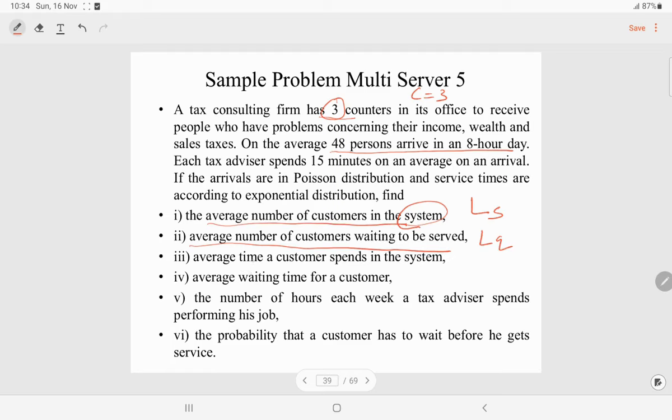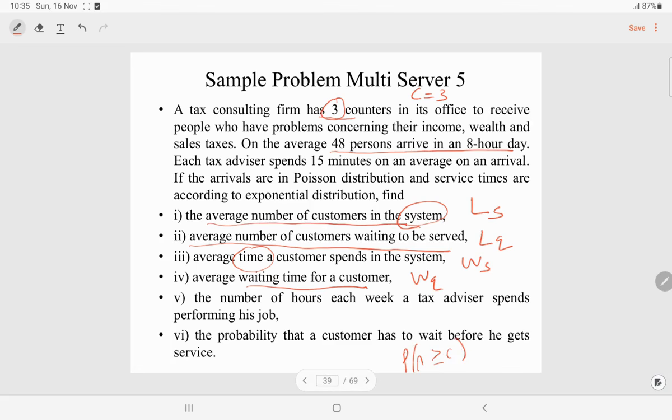The average time they are asking for, that means WS. Here it is the waiting time for a customer, that is WQ, because the earlier question was the average time a customer spends in the system. Next is the number of hours each week a tax advisor spends, and the last one is the probability that a customer has to wait before getting service, that is P of n greater than or equal to C.